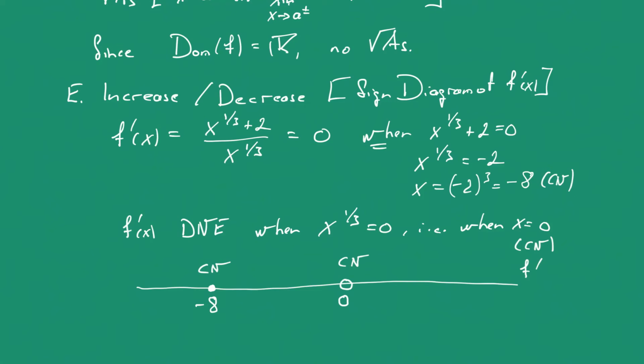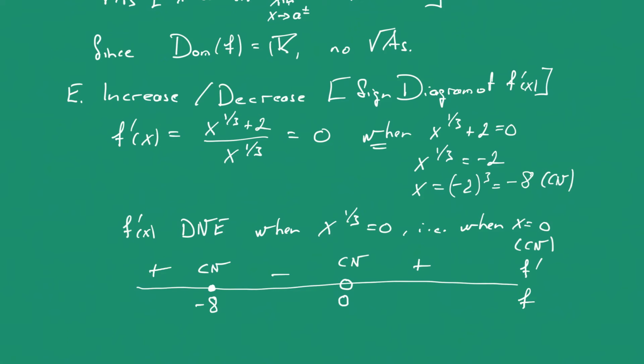So to find the sign of f', for example, on -infinity to -8, you just have to evaluate f' at some value in this interval. And similarly here, I'll let you check this yourself, f' is positive on this interval, negative on this interval, positive on this interval.